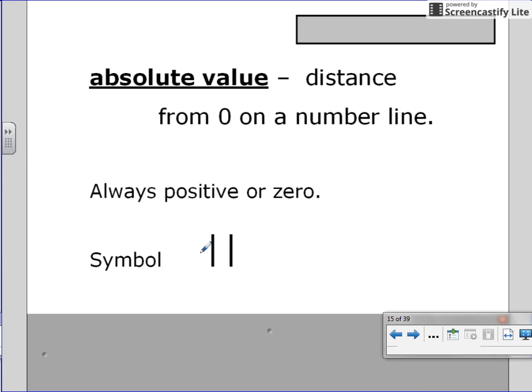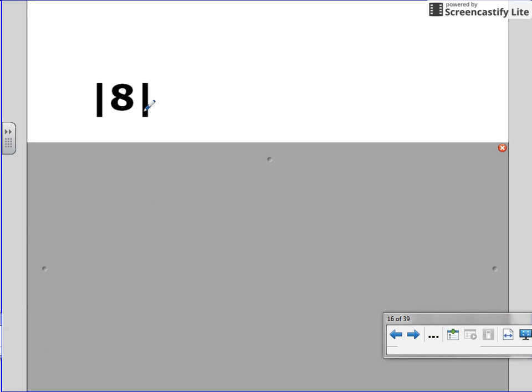It has a specific symbol, these two long vertical lines, and then we usually write some kind of number in between. So what does this look like and how do you evaluate things with absolute value? For example, this one. The absolute value of 8 equals what? I'm asking you how far away is 8 from 0 on a number line?